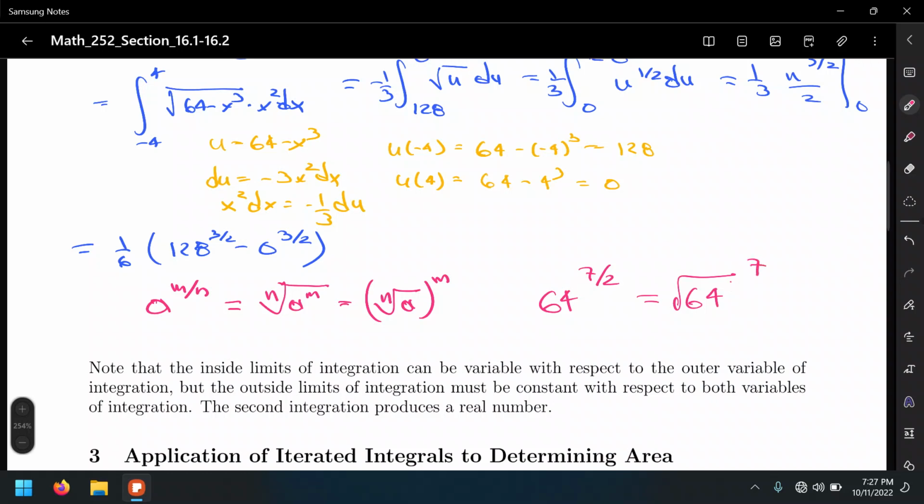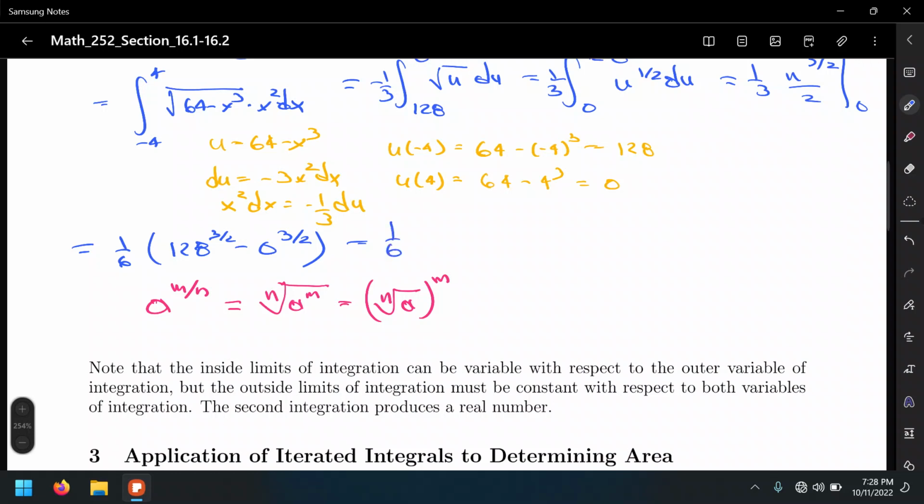Instead, do the square root of 64, which is 8. That's a relatively smaller number, and then just raise it to the 7th power. I mean, it's still going to be a big number. But in this case, since the number 128 is not a perfect square, we're going to use the first version.